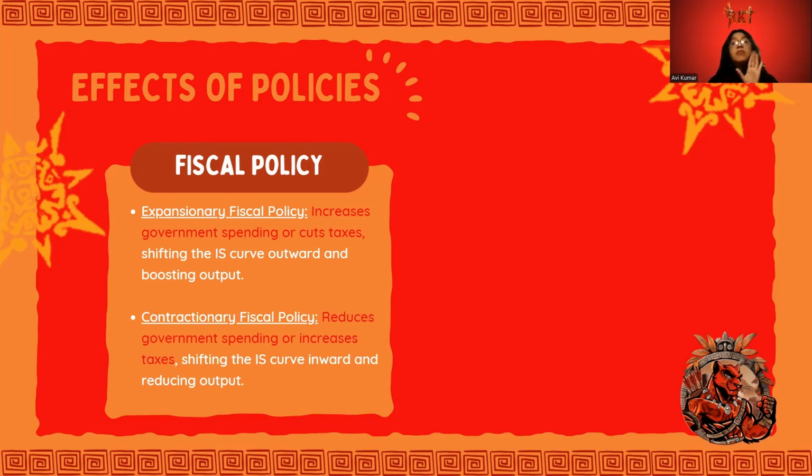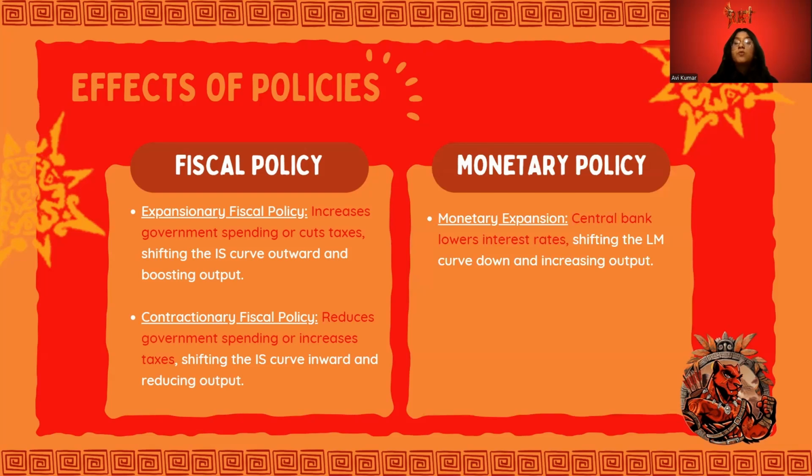Then we have the monetary policy. So here first, we should mention that the fiscal policy affects only the IS curve, and the monetary policy affects the LM curve. So for monetary expansion, which is when the central bank lowers the interest rate. So here's where people get confused. Because it's called monetary expansion, your first thought goes to interest rate increasing. But no, we're talking about increasing output when we talk about expansion.